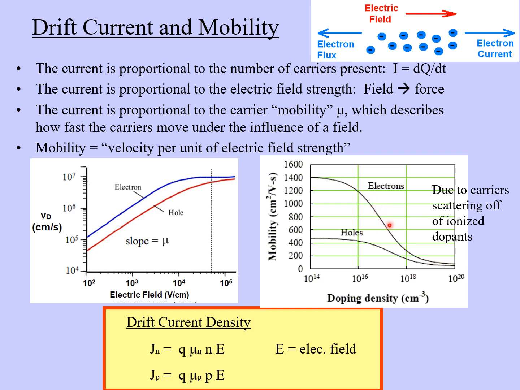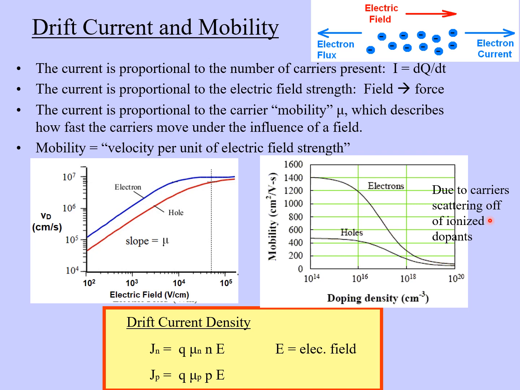The reason for this is that the electrons are scattering off of the ionized dopants. So remember, when we put some dopant like phosphorus or arsenic in a semiconductor, those dopant atoms become ionized. They donate an electron and they have a positive charge because they're ions now.